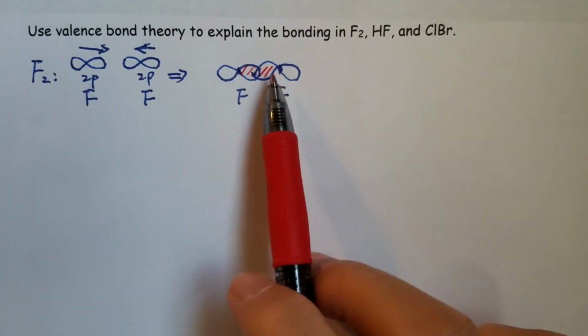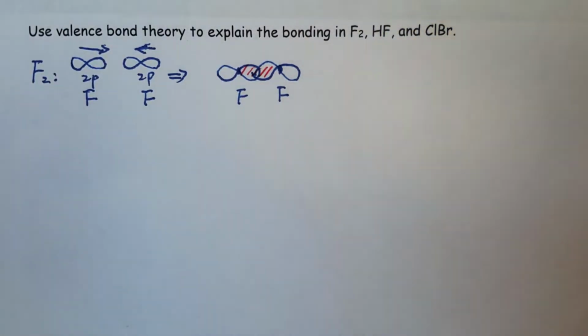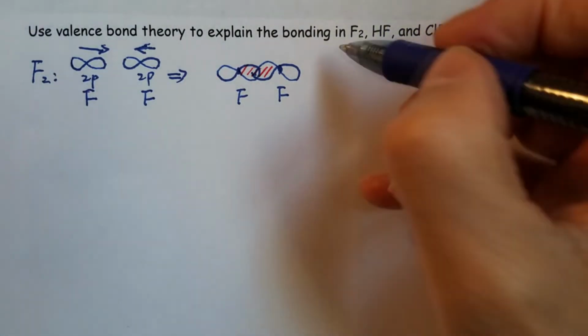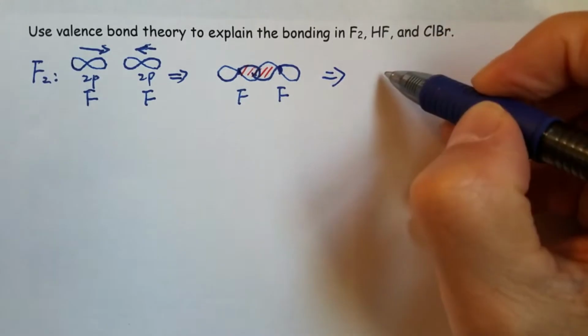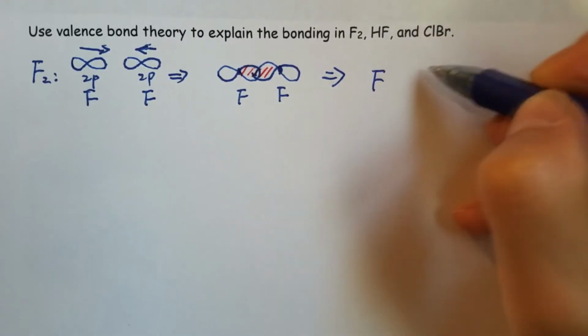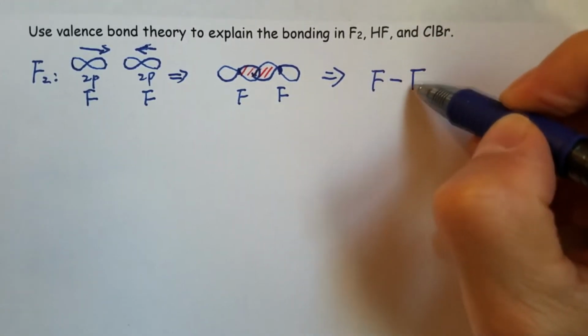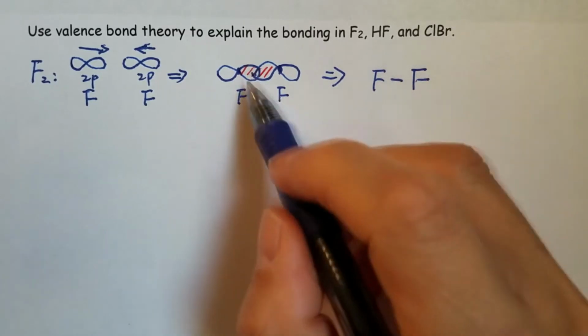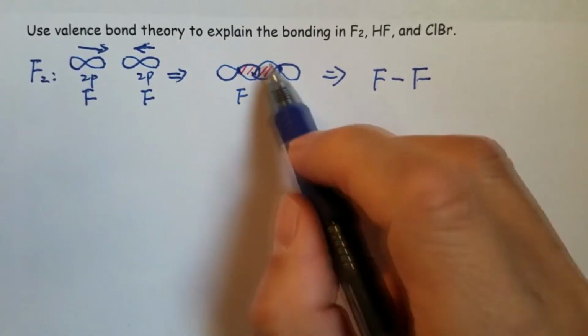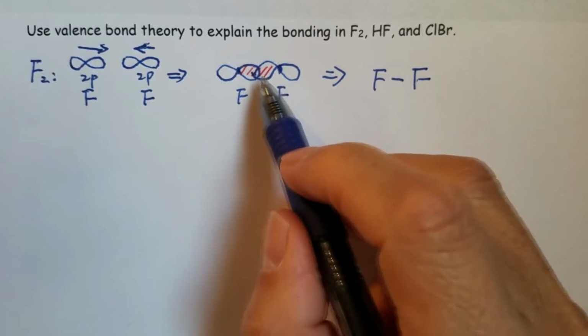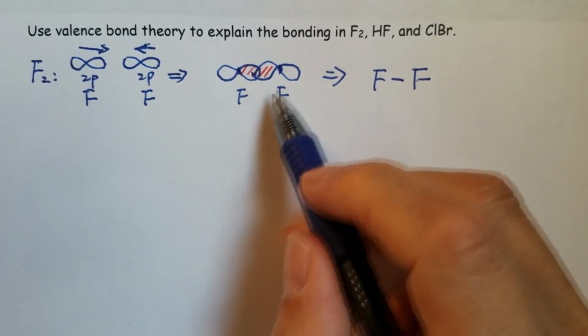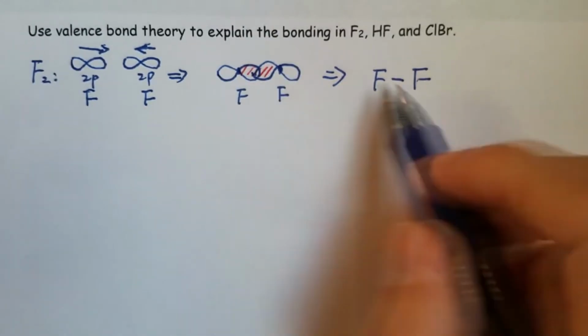Now they form a bond, which is of course a sigma bond. So this bond is a result of overlapping of the two fluorine atomic orbitals, two p orbitals.